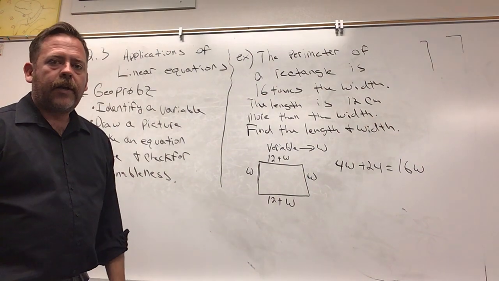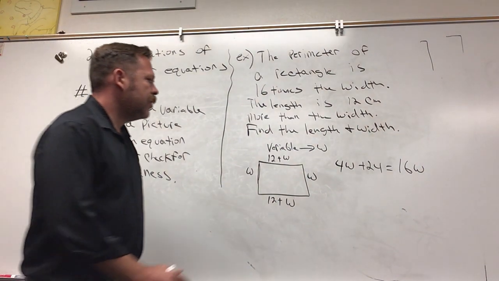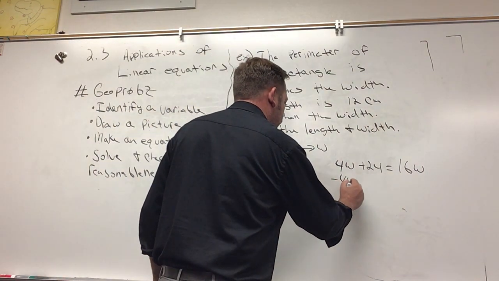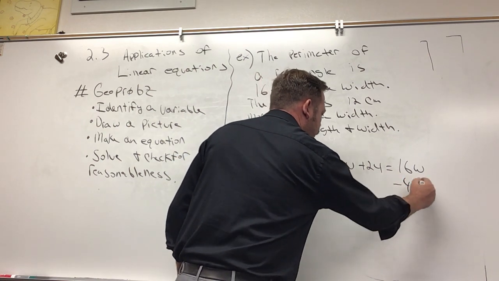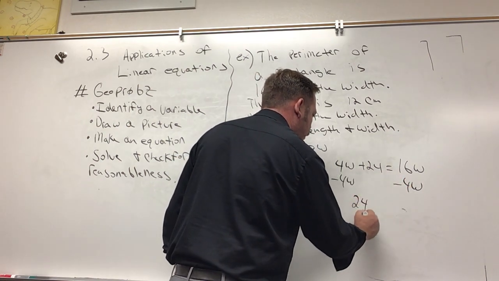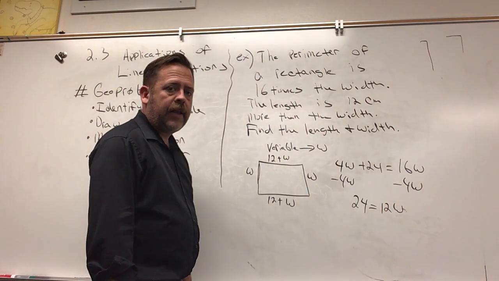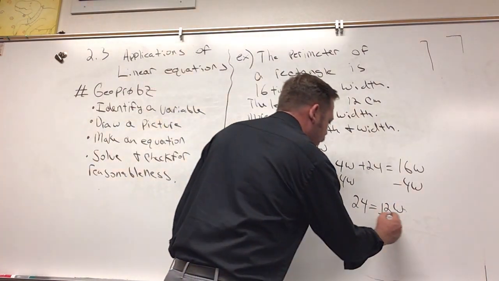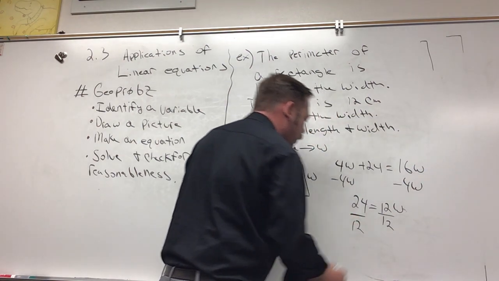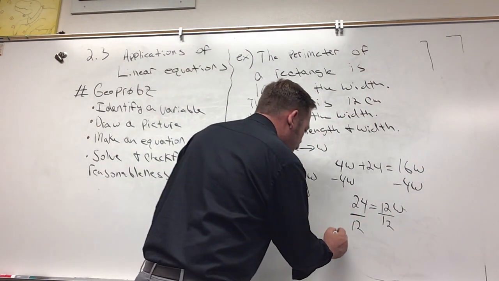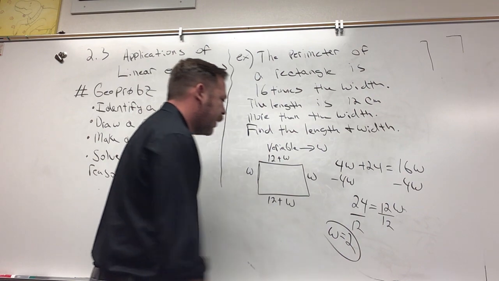All right, now let's solve this equation. Minus 4W on both sides, and 24 equals 12W, right? And then I divide by 12, and W equals 2, okay?